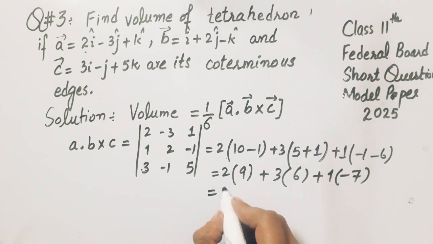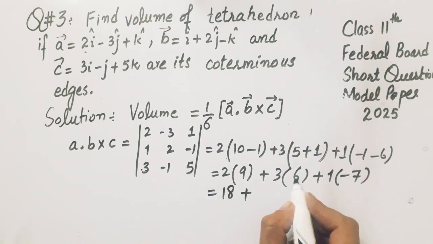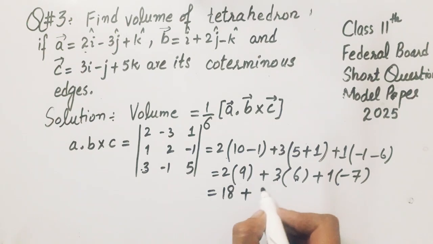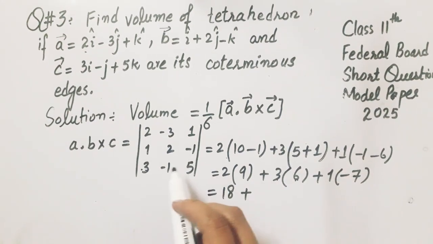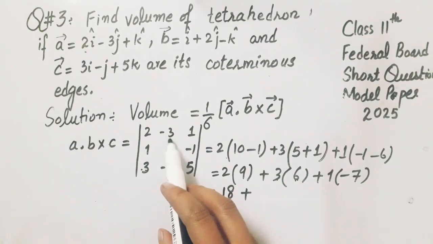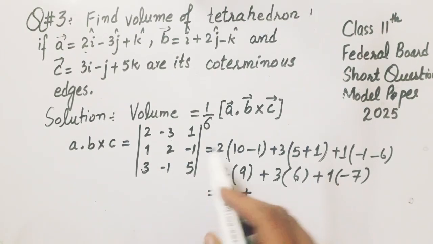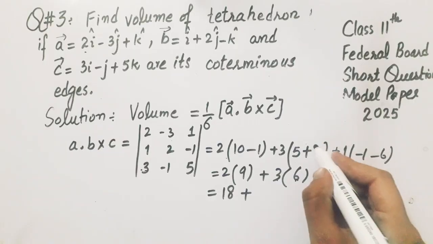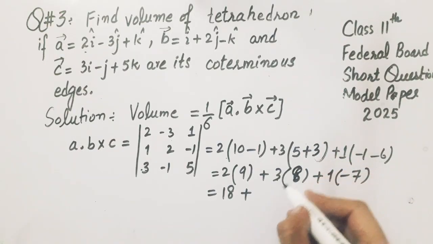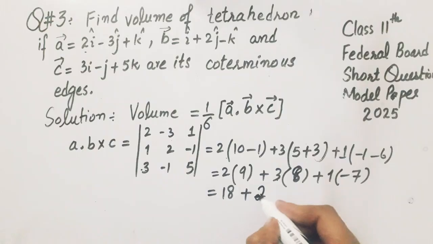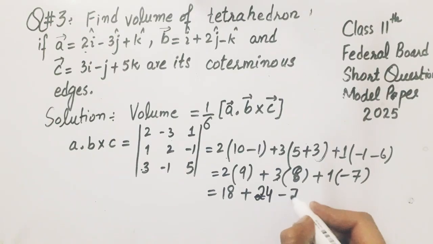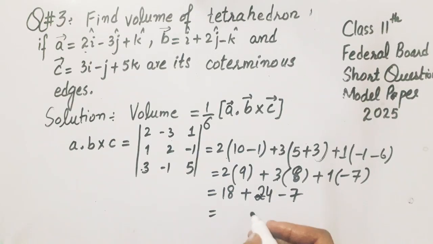So 2 into 9 is 18, plus 3 into 6 is, now here we have 1 into 5 is 5 and 3 minus 1, this is 3. So 3 into 8 will be 24 and minus 7. Now 18 plus 24 will be 42. 42 minus 7 is 35.